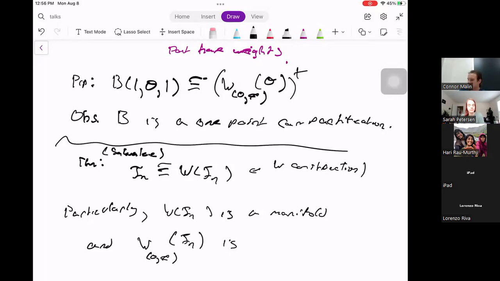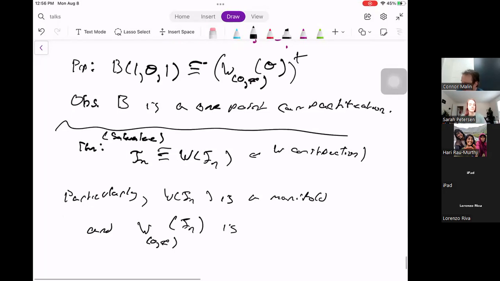So in particular, I have to basically thicken it up to make it a manifold operad, because otherwise it won't be codimension zero embeddings. So WFn is a manifold, and W zero infinity Fn, when I thicken it up, is a manifold operad. So I should have a space here. Okay, so this is a manifold operad.